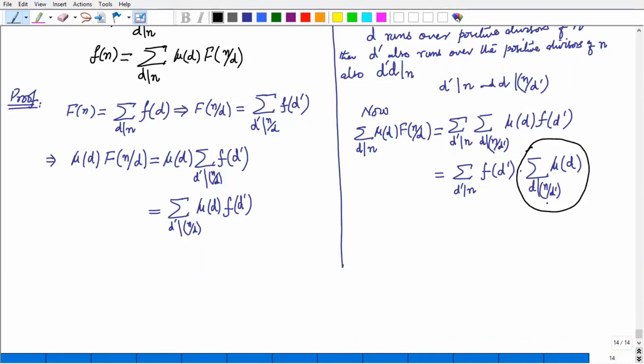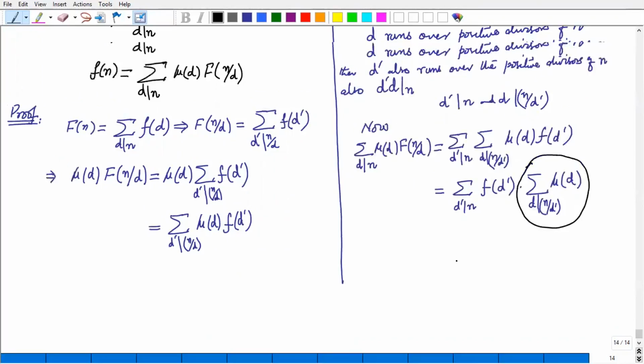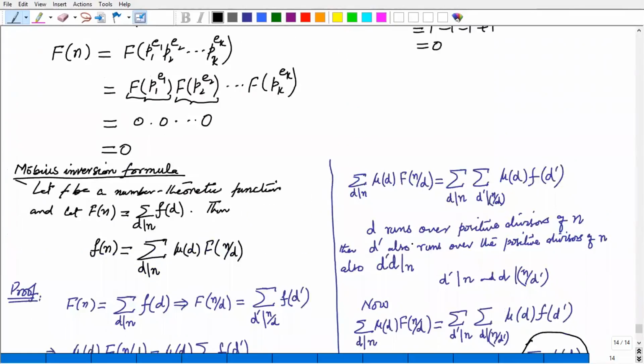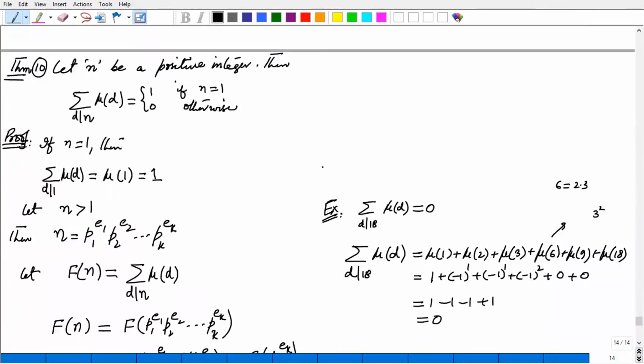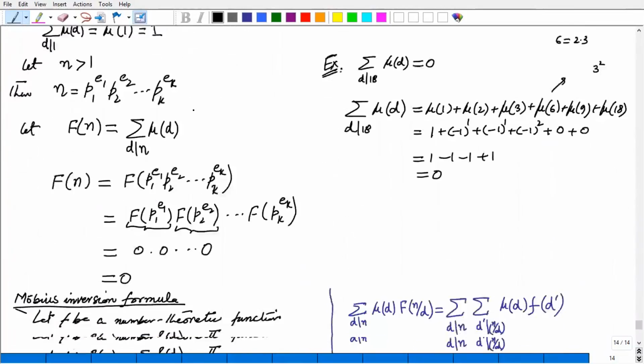There is only one case, when n is equal to 1, where this sum is 1, and in all the other cases this sum is equal to 0.